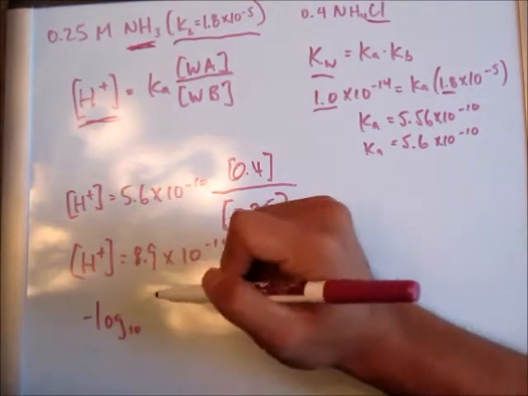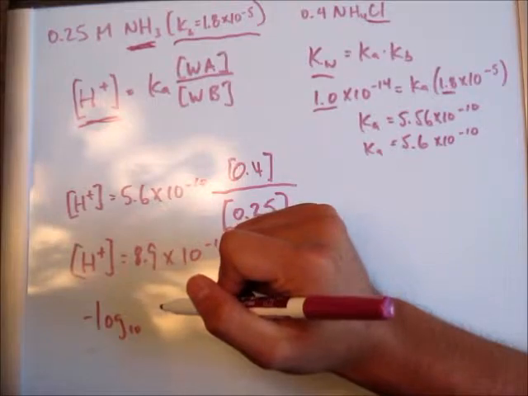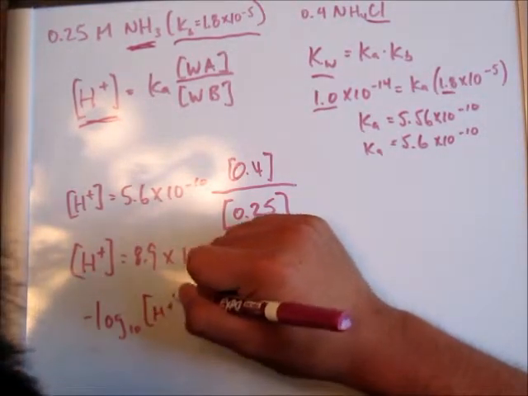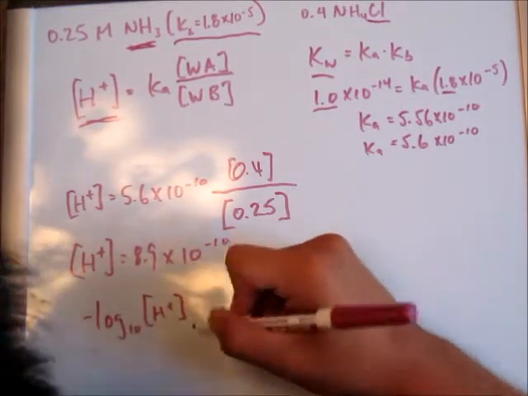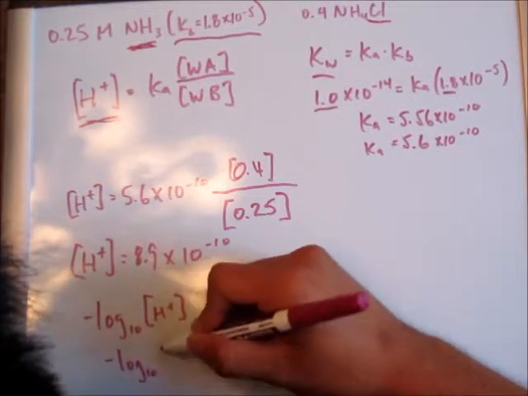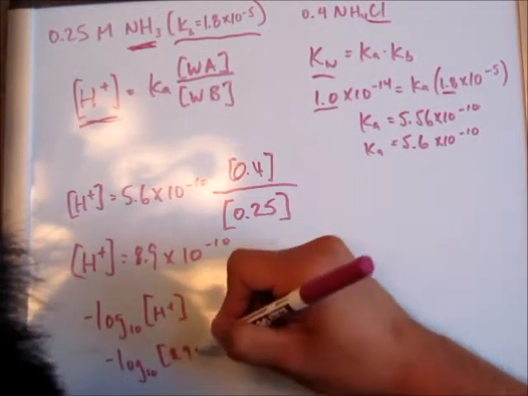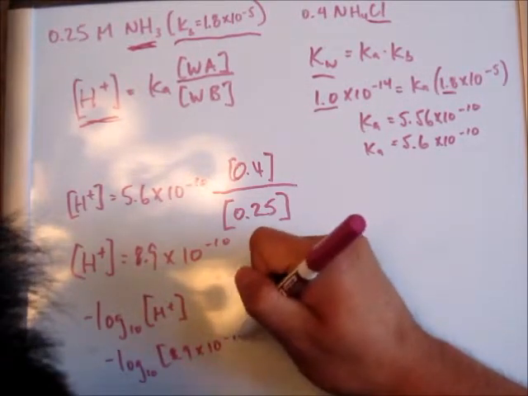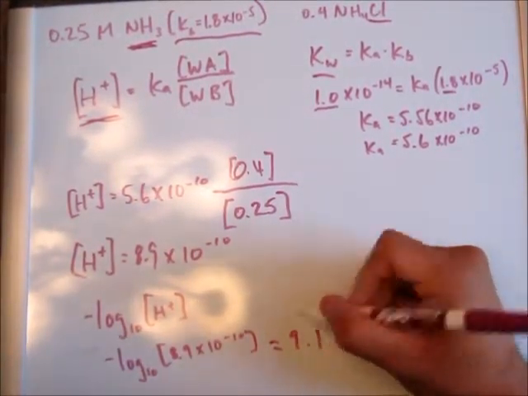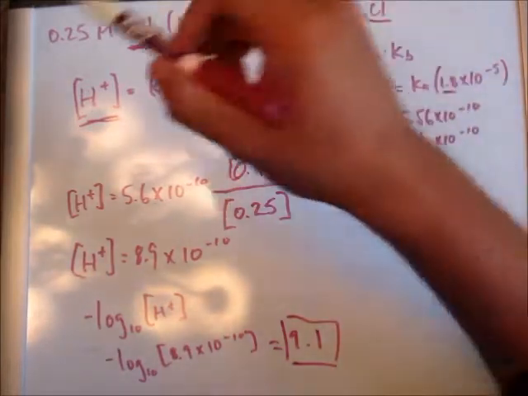So we get negative log of 8.9 times 10 to the negative 10, and if we plug into the calculator, we get that the pH is 9.1. And this is all part A, which asks for the pH of the solution.